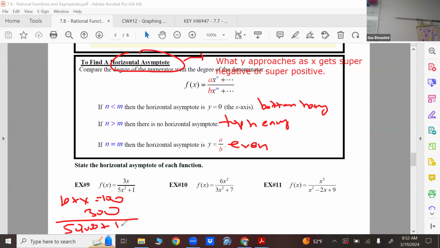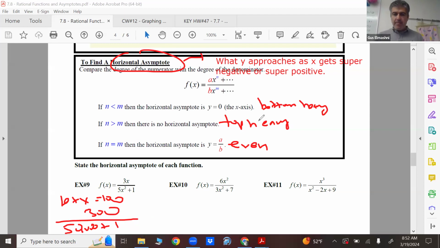As x gets bigger, does the top ever catch up to the bottom? No, it trails. So overall, what value is this fraction getting closer to? 0, exactly. That's why it's 0. And when the denominator has a higher degree than the top, it's going to be 0.